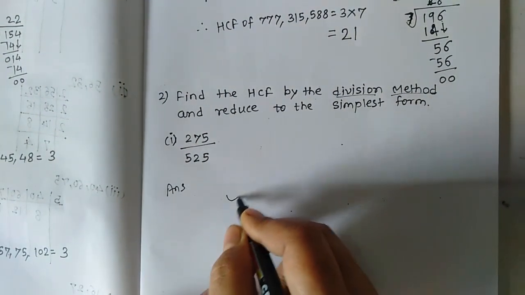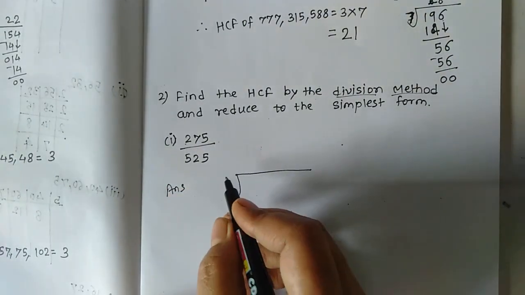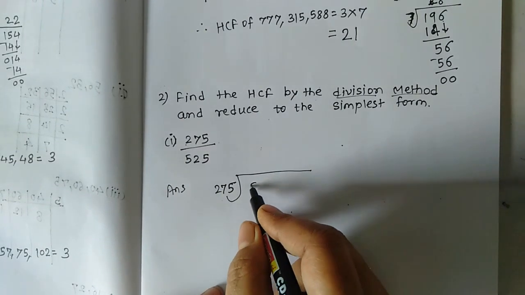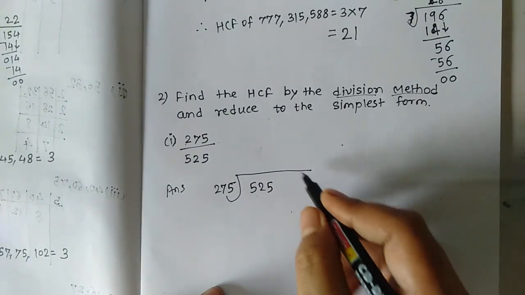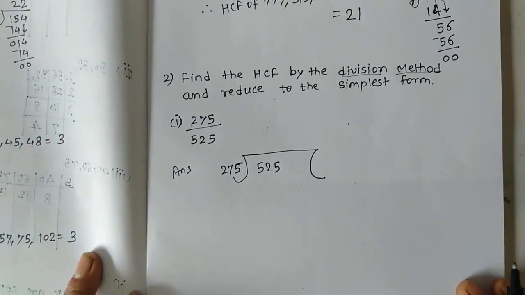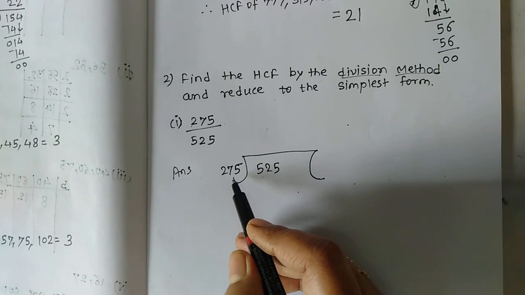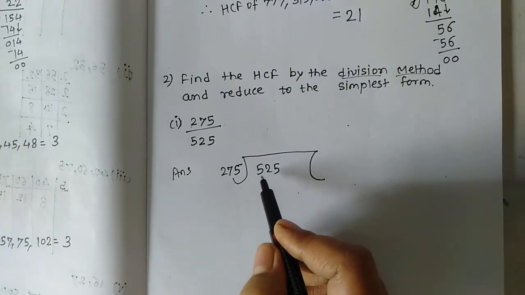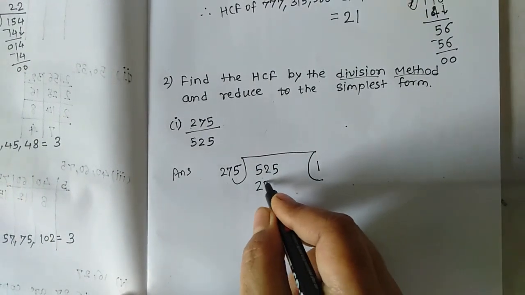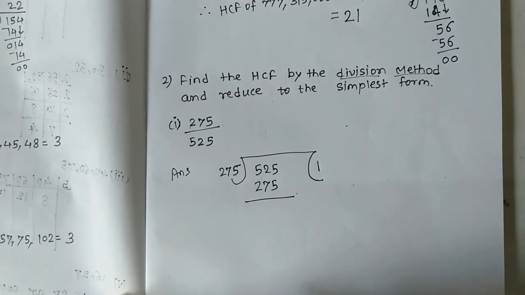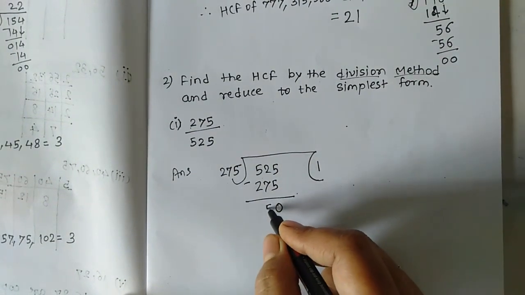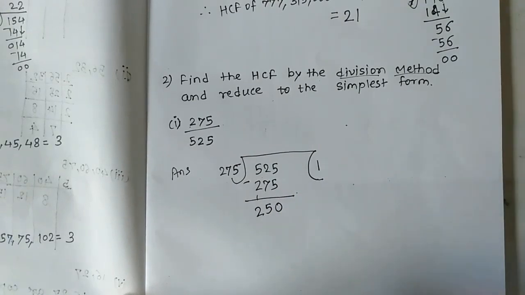So let us solve. 275 is the divisor and 525 is the dividend. 275 twos are 550, which exceeds 525, so 275 ones are 275. Now subtract: 5 minus 5 is 0, and 5 minus 3 is 2.